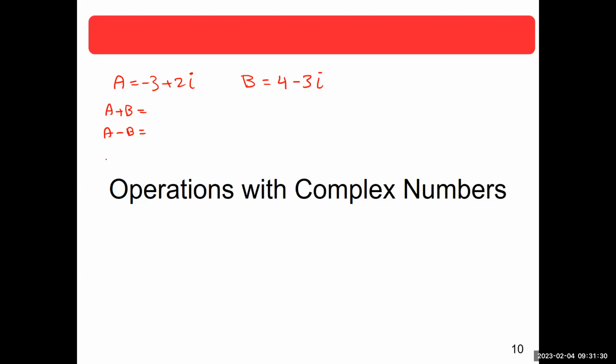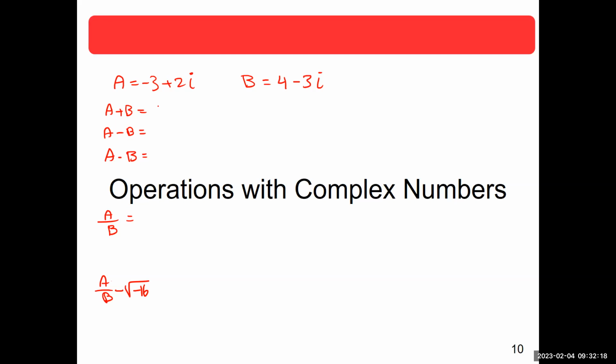Then we're going to say A times B equals. Then A divided by B equals. Then A divided by B minus square root of 16. Okay, let's start.